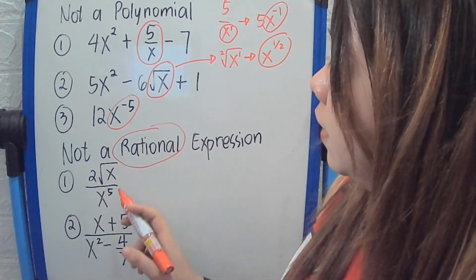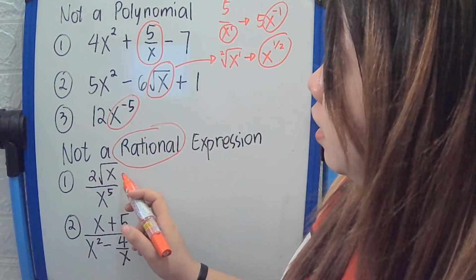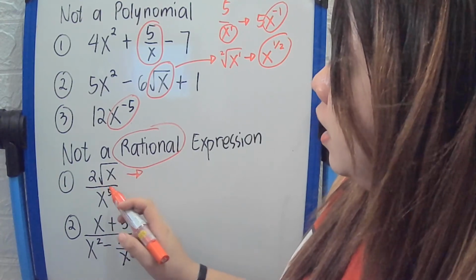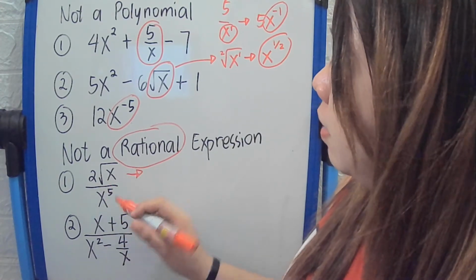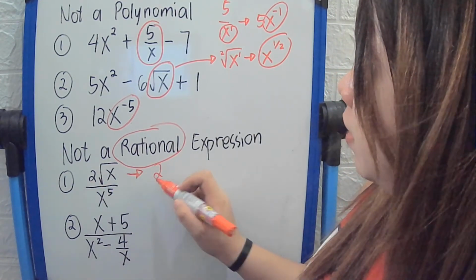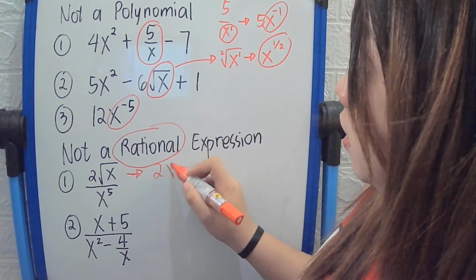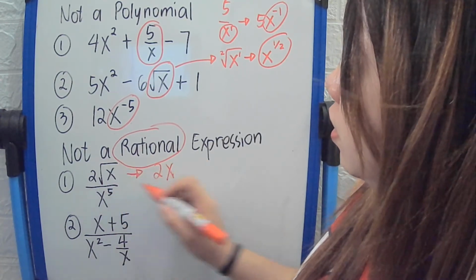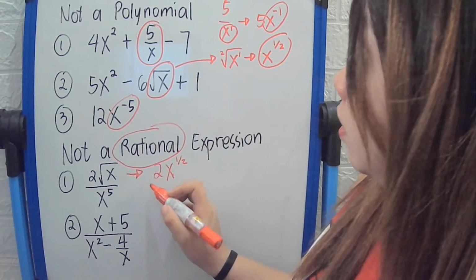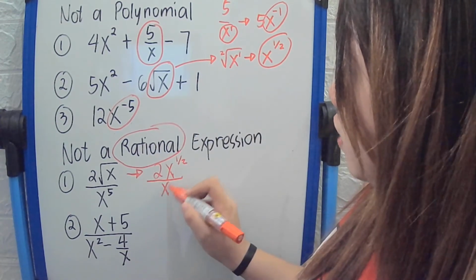So as you can see, in the numerator, you have here 2 square root of x. It can be written as 2 since that is the numerical coefficient, and then copy the base x. Since you have there square root of x, it is 1 half, just like here, over x raised to 5.